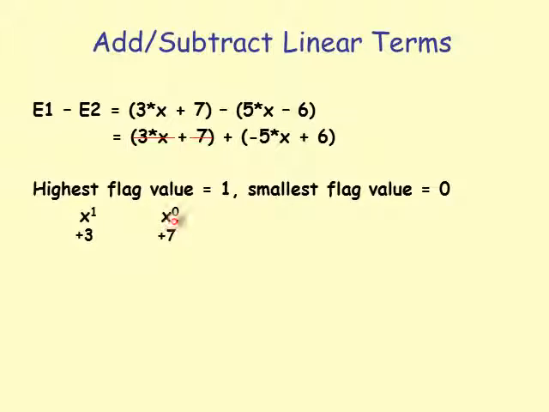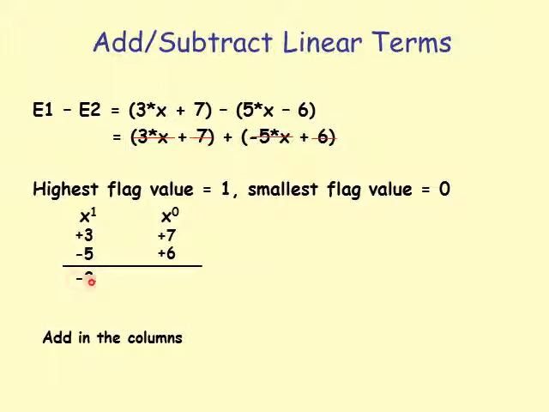Next is plus 7, this is a constant, it goes under the column 0th power of x. Next term minus 5x, coefficient minus 5 goes under the column with the title first power of x. Next is plus 6 goes in the next column here. Let's continue. Now we would add up in the columns.